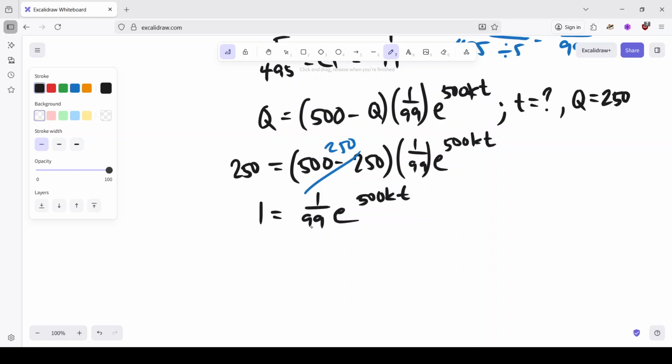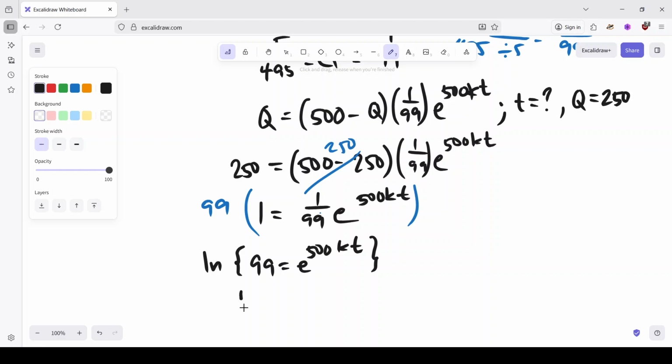Okay. Then, next, pwede natin i-transpose yung 1 over 99. So, we can multiply both sides with 99. So, dito magka-cancel. So, sa left side, we will have 99 is equal to e raised to 500 kt. Now, time yung kailangan natin. So, we need to solve for t. We can do that by applying ln on both sides of the equation.